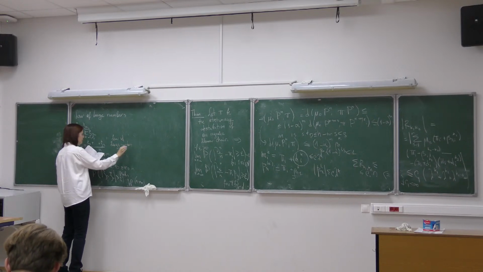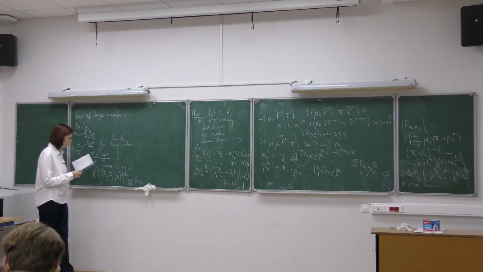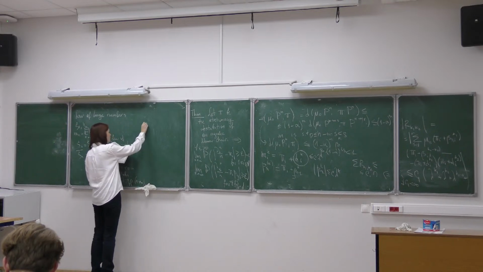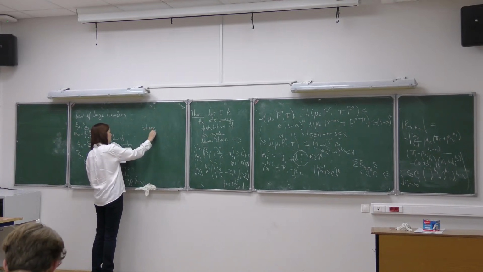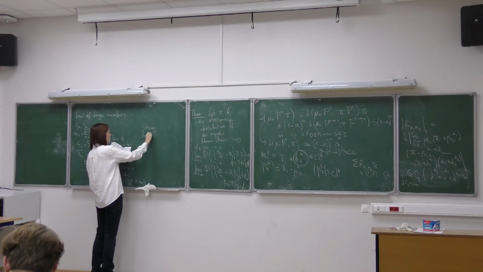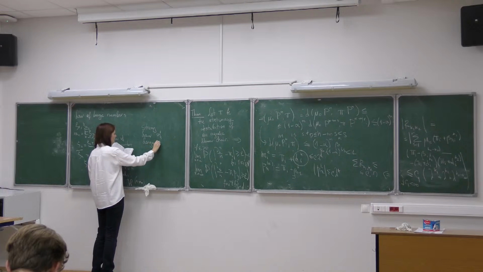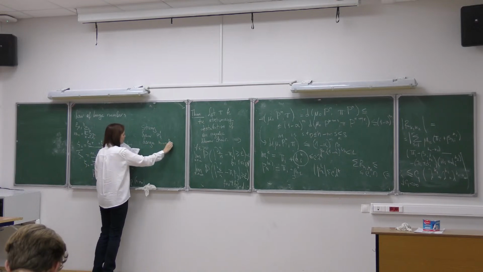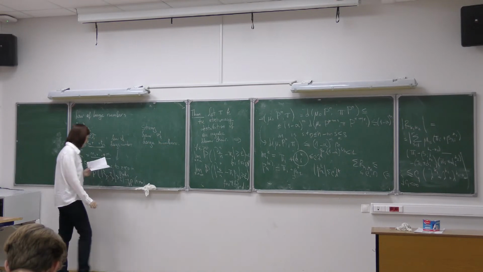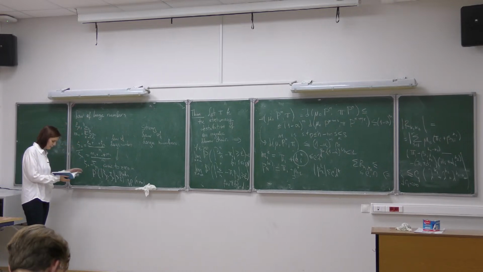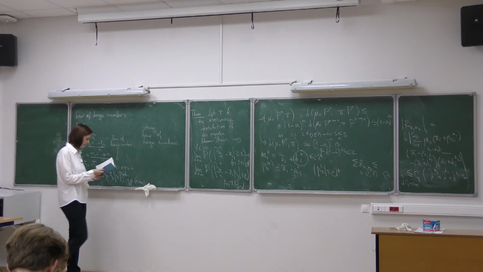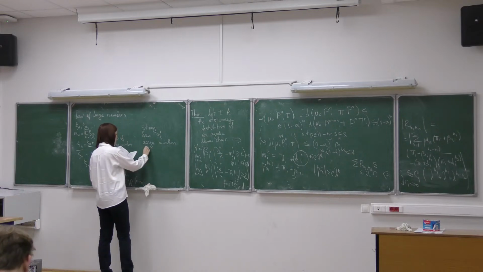There is also the strong law of large numbers. The strong law of large numbers is when we require more than convergence in probability, when we require convergence almost surely.